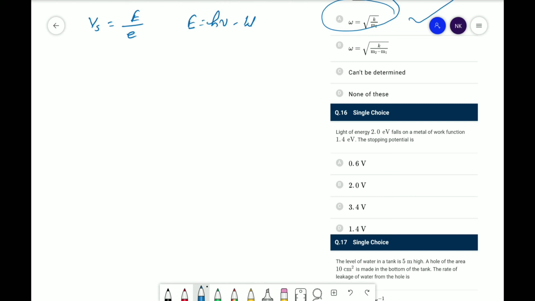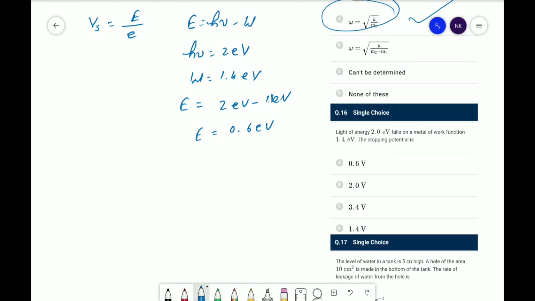Light of energy is given as 2 electron volt, which means h nu is 2 electron volt. The work function W is given as 1.4 electron volt. Hence E will be equal to 2 electron volt minus 1.4 electron volt, hence E will be equal to 0.6 electron volt.